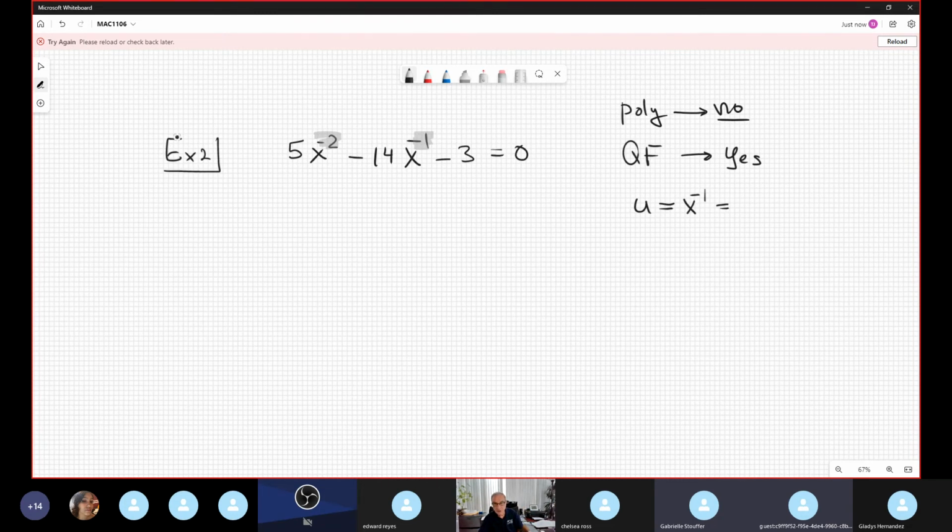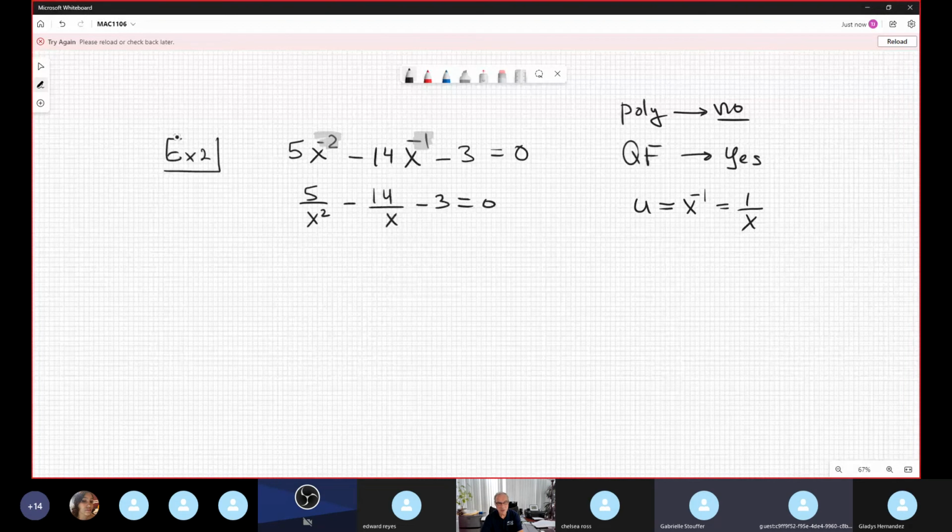By the way, when the exponent is negative, it's the reciprocal. You can write the equation that way, and some students prefer that. It's equivalent, but personally I don't like it. I like the original because I am ready to rewrite the new equation using u substitution.